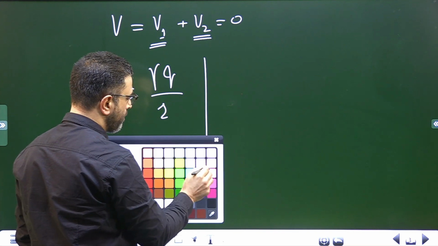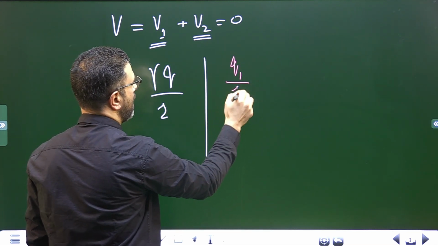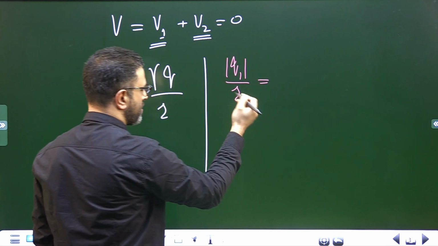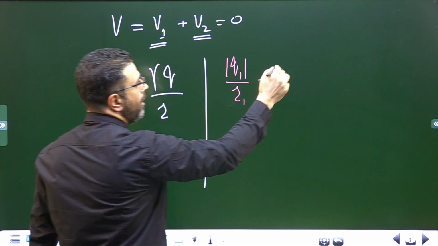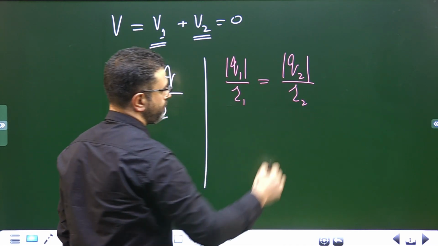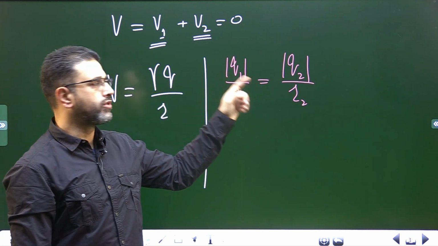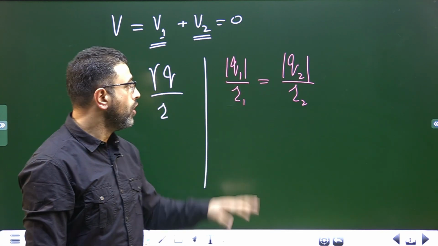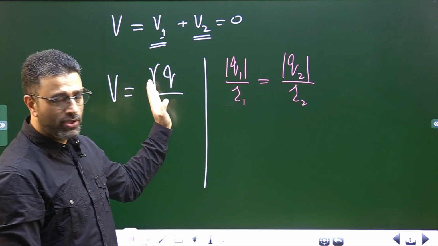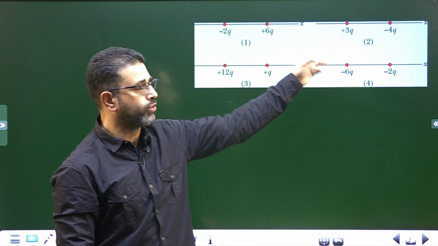That would mean the magnitude of q1 divided by r1, where r1 is the distance from charge 1, must be equal to the magnitude of charge 2 divided by r2, where r2 is the distance from charge 2. So we need this to be valid. Considering that, we're reduced to 2 situations only.